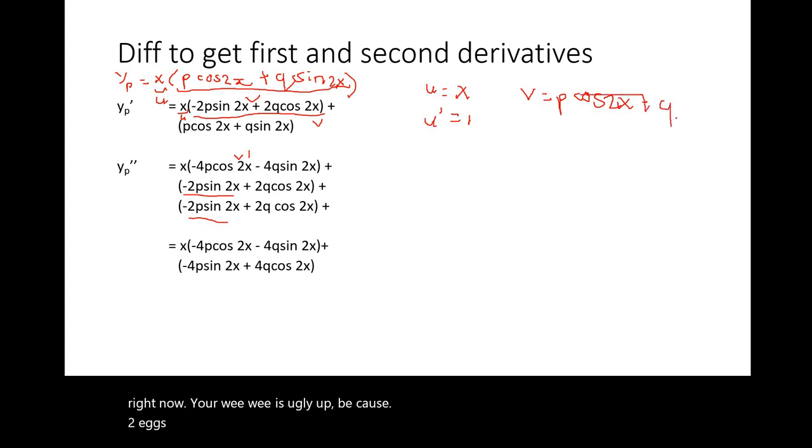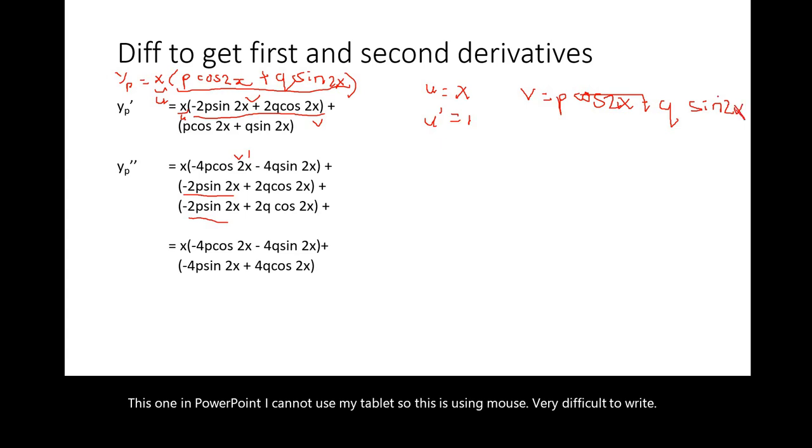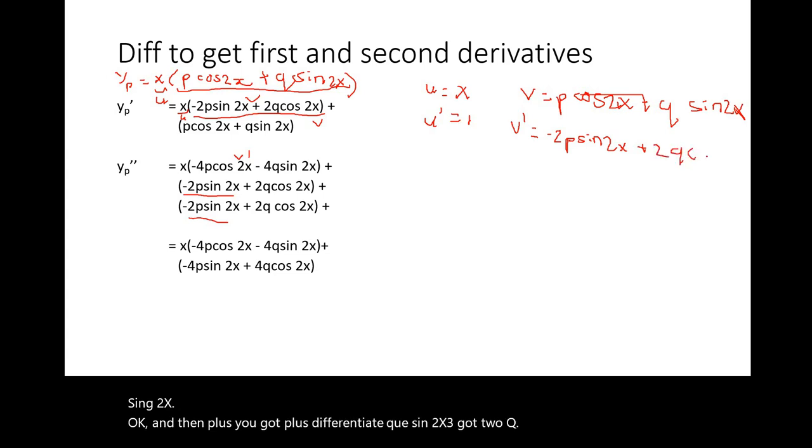In PowerPoint I cannot use my tablet, so this is using the mouse. Very difficult to write. So your v prime: differentiate p cos 2x, you get negative 2p sin 2x, and then plus, differentiate q sin 2x, you get 2q cos 2x.